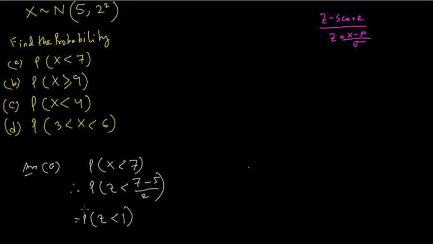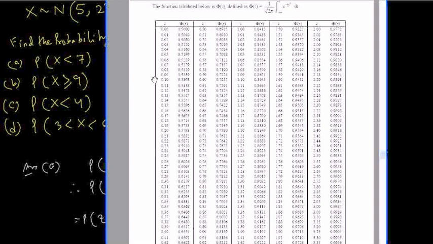Now you remember that when we have to do a probability sum, we have to look up the table, because the table is the standard normal distribution, and for looking up the table it has to be a cumulative table, meaning it has to be less than and it has to be positive, so it matches. So let's look up the table. Here we have the table. Now we have to look up z is less than 1.